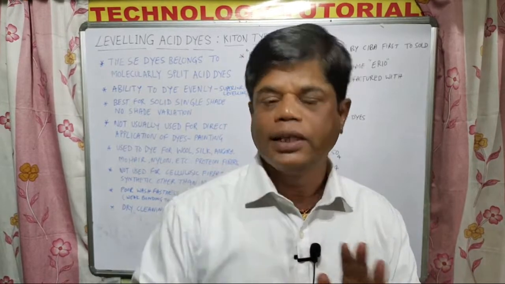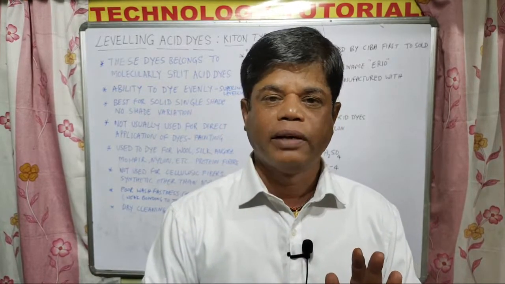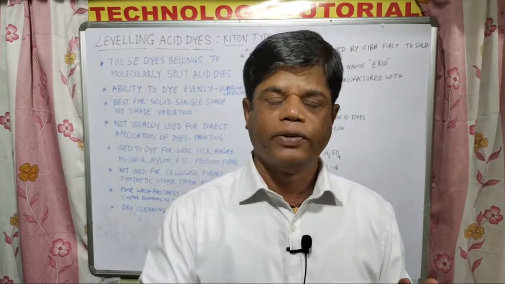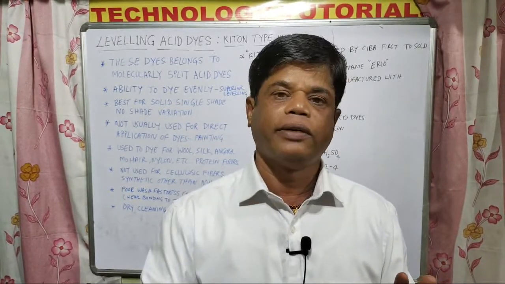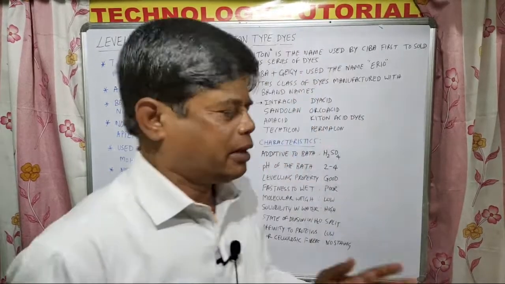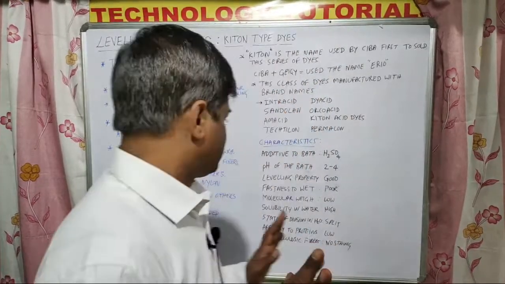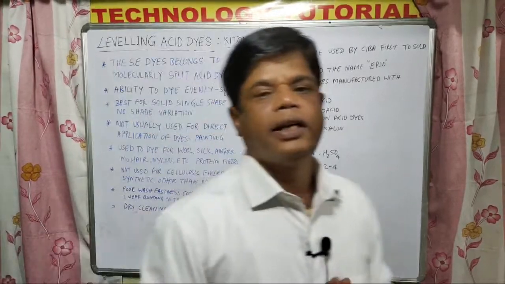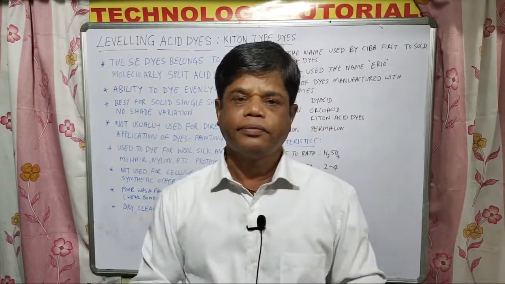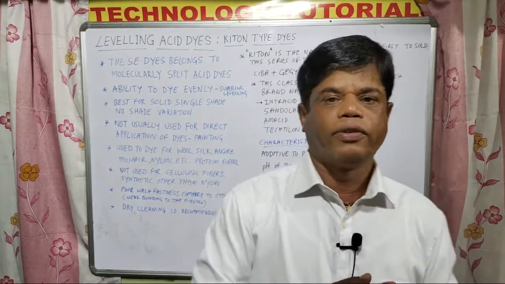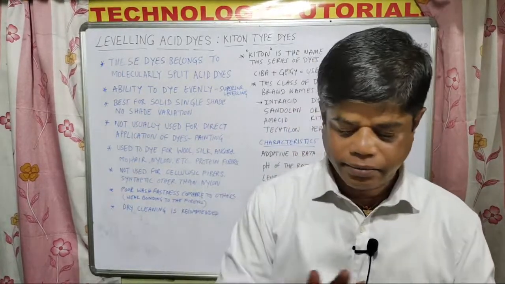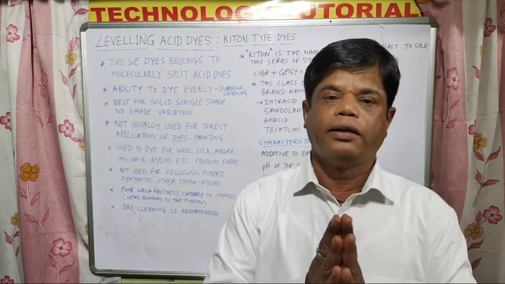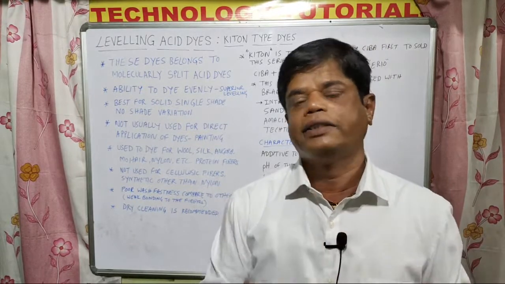To increase the affinity towards protein fibers, wool and silk, the presence of acids, sulfuric acid or formic acid, is required. Temperature is usually maintained. For cellulosic fibers, no staining; cellulosic fibers are not preferred for these dyes. Friends, this is about the leveling class of acid dyes.